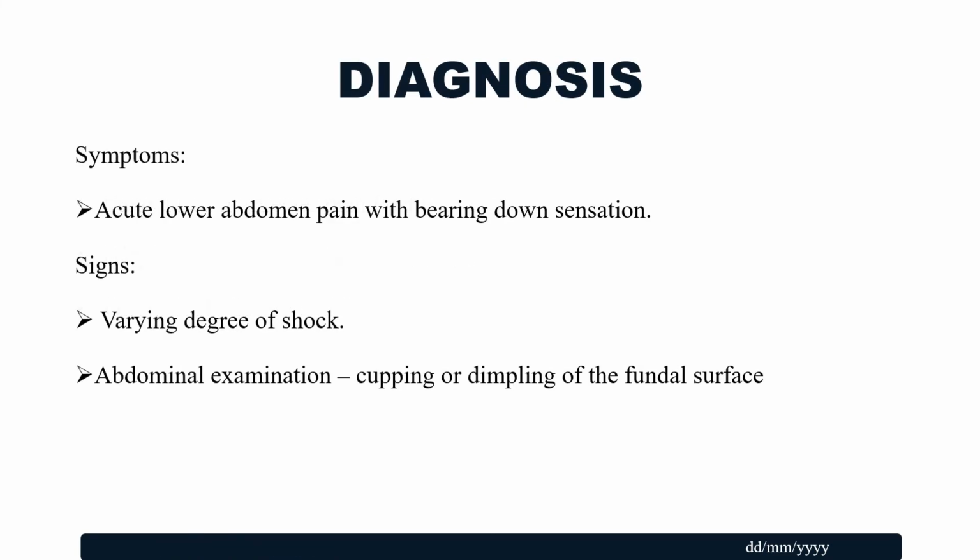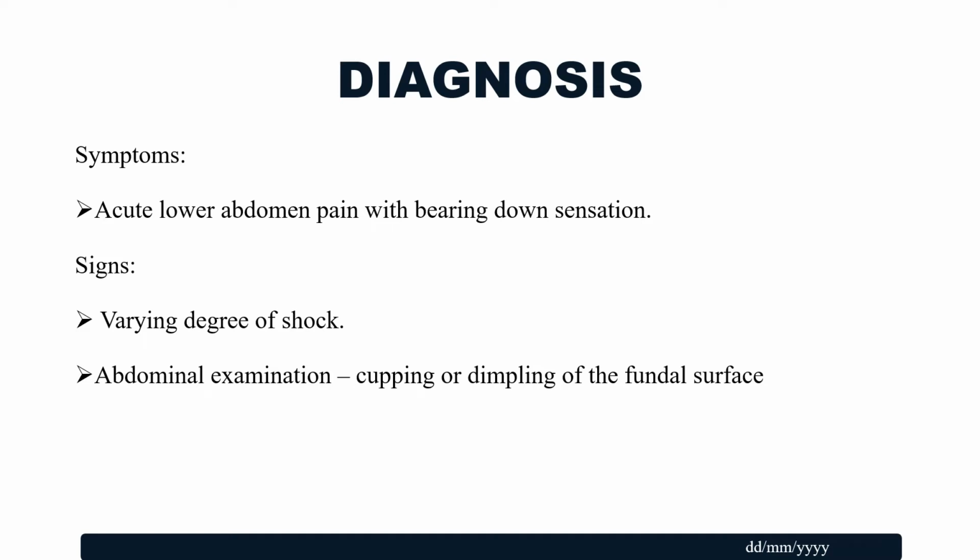What are the diagnoses of subinvolution? The mother may feel a bearing down sensation, and she may have acute lower abdominal pain, and then varying degrees of shock. While doing the abdominal examination, we can see the cupping or dimpling of the fundal surface.